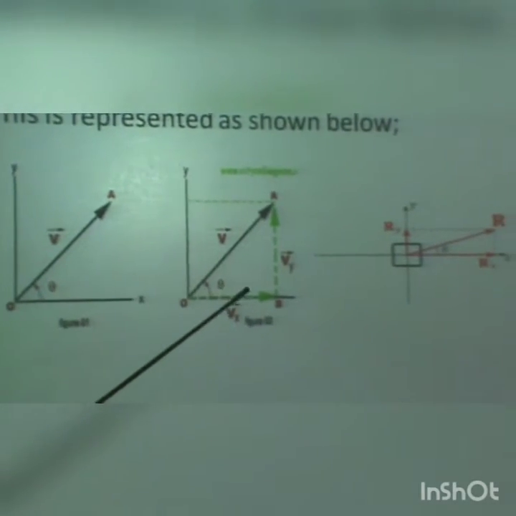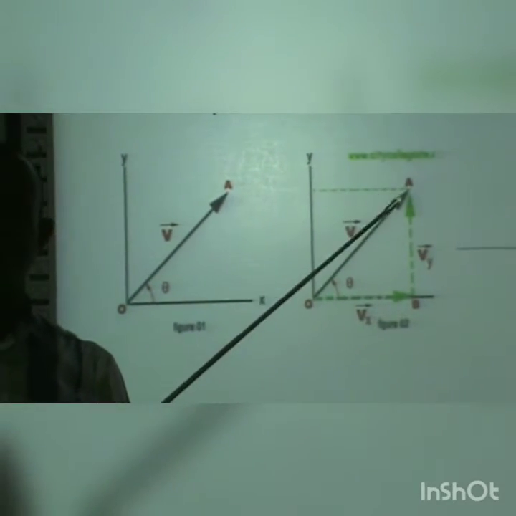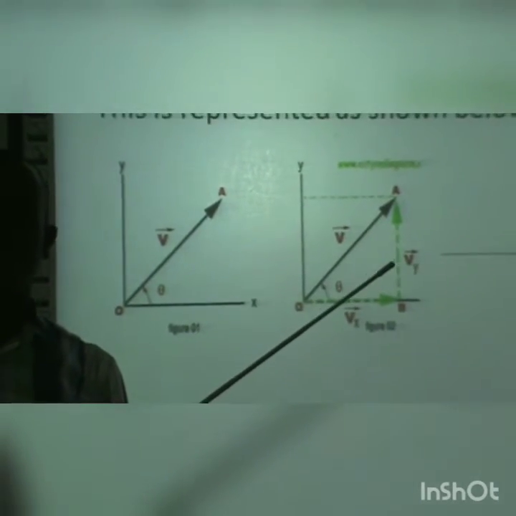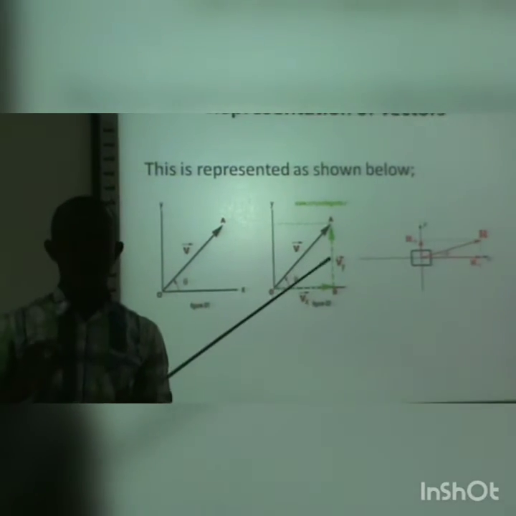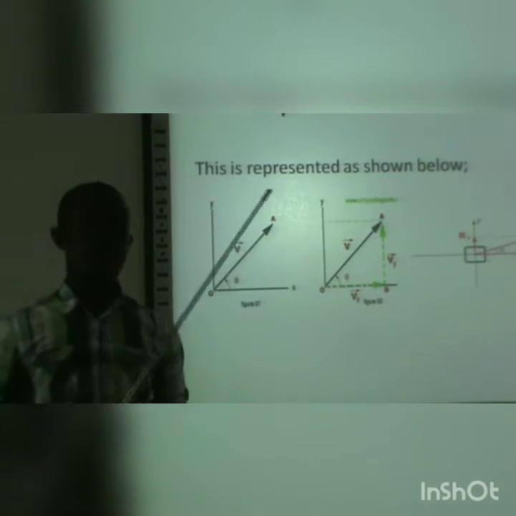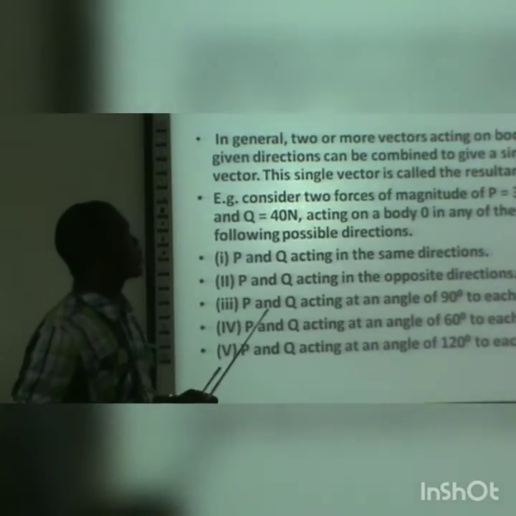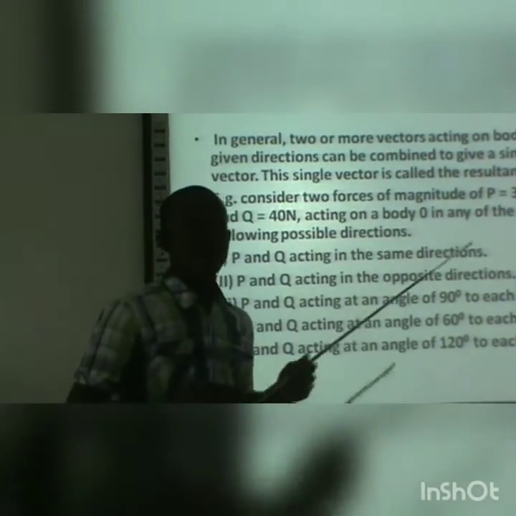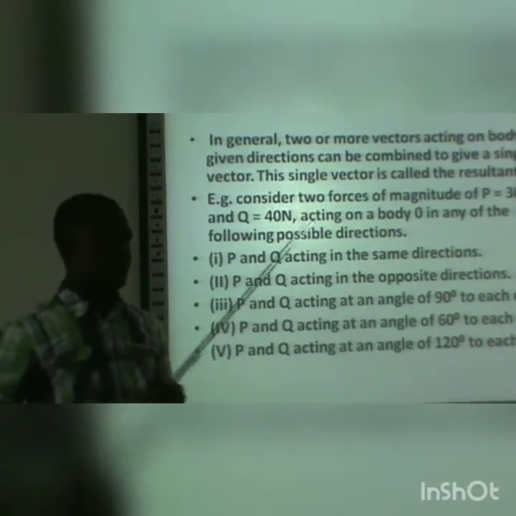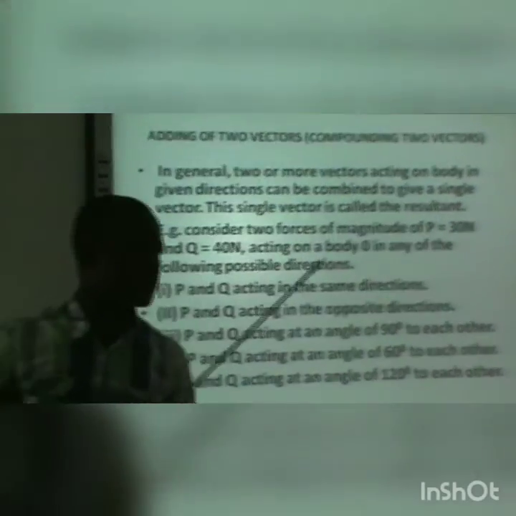If we have a single vector, it may move in two different directions, which means we have a vertical component and a horizontal component of that single vector. So this is the vertical side of the vector, and the other one is the horizontal side of the vector. Now look at this angle of these two vectors, that is combining two vectors.